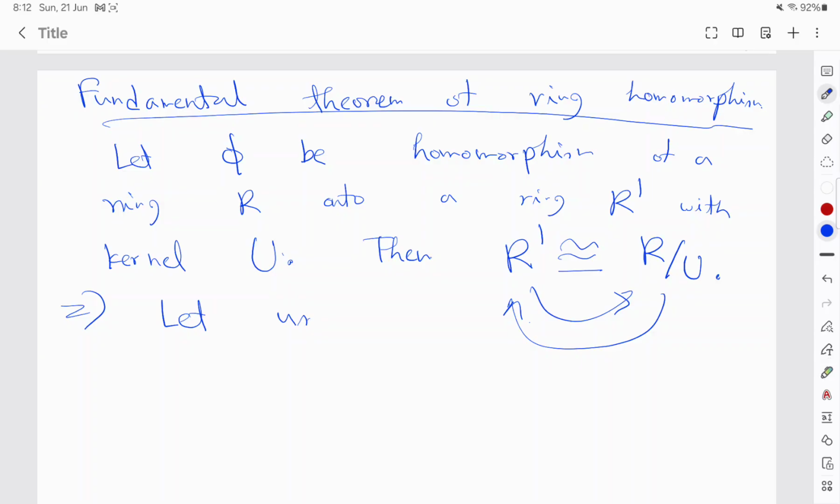If you satisfy all these things, then this is done, right? So let us define a map; this is a little bit constructive also.